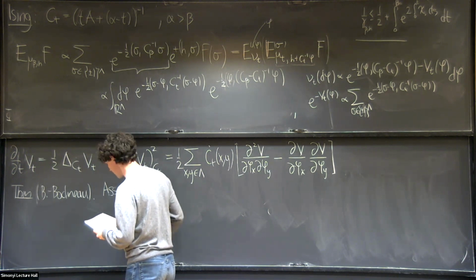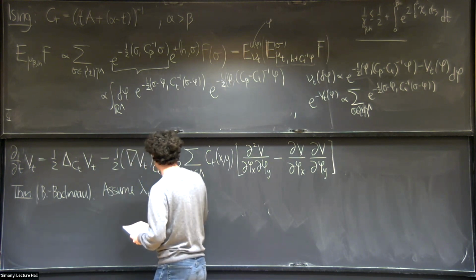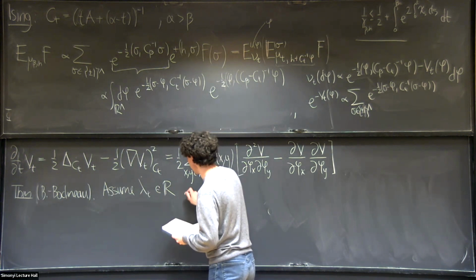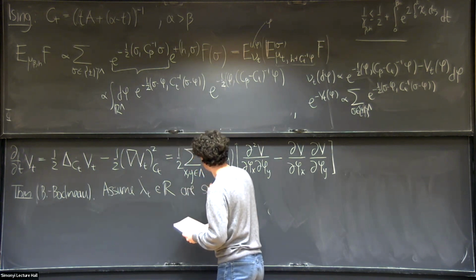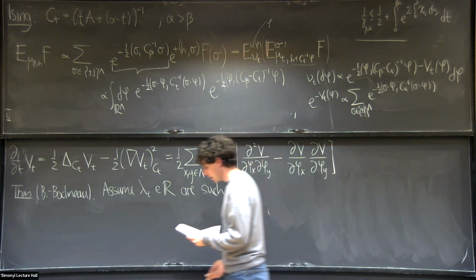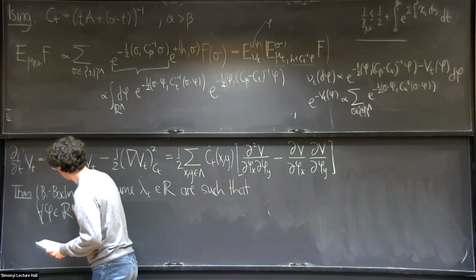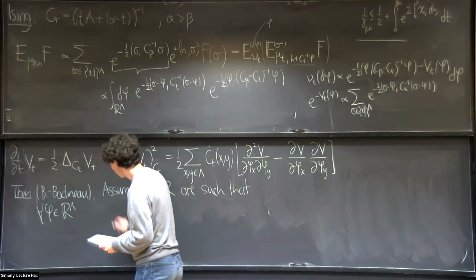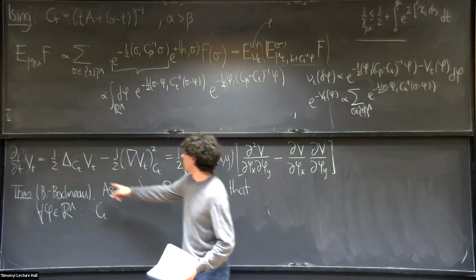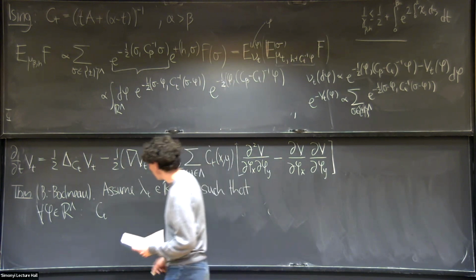We assume there are real constants, which I call lambda t dot, say. They're real, they can be negative. That's essential. We assume these constants are such that uniformly in phi, the Hessian of the renormalized potential VT satisfies a certain bound.